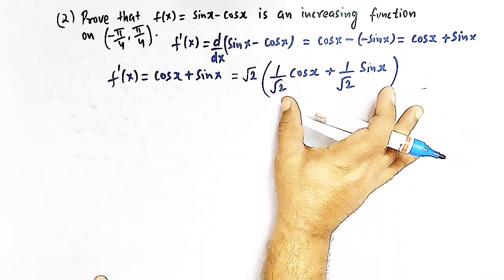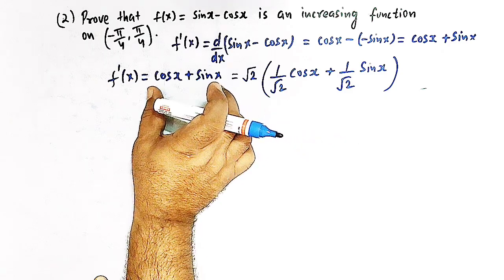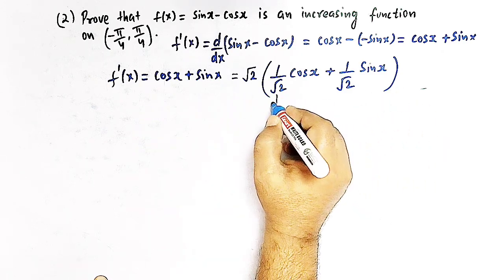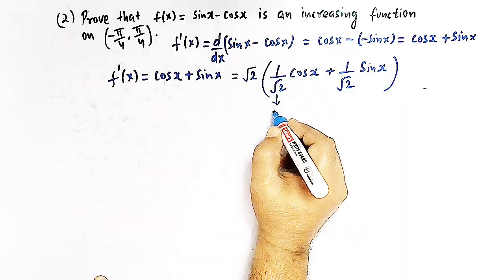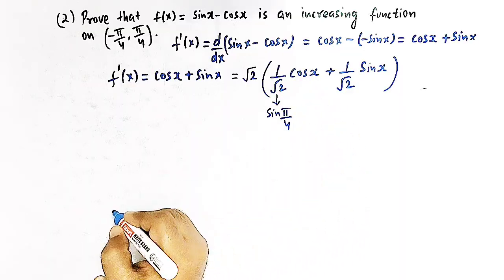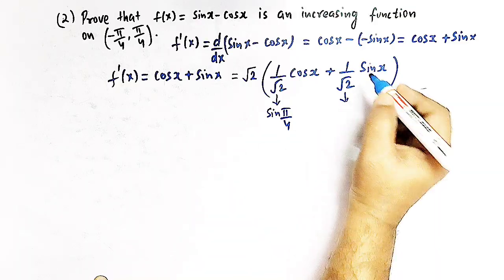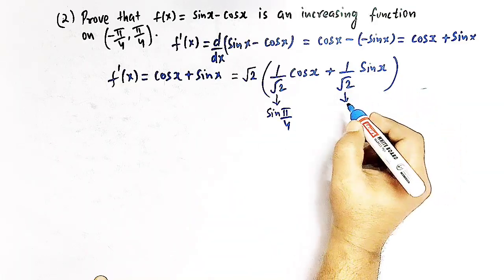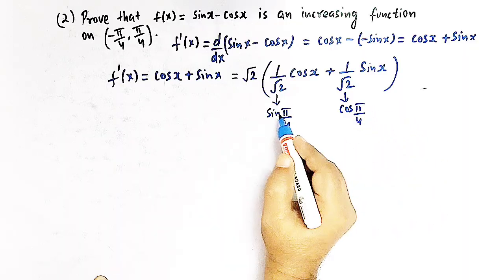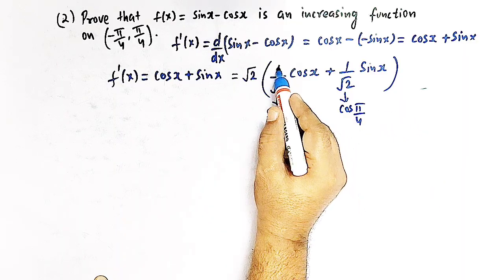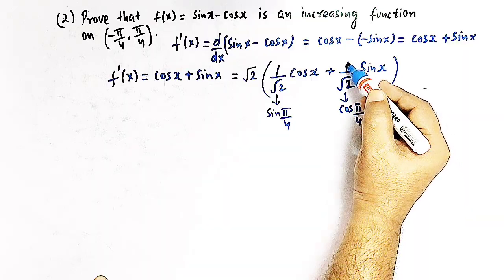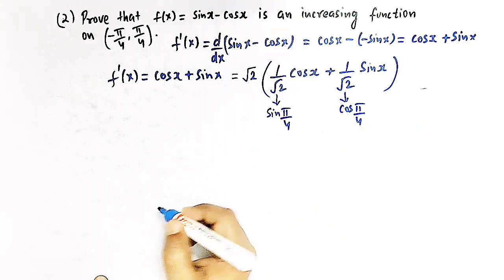So here the purpose of expressing this term like this is to replace this 1 over square root of 2 by sine pi by 4, right? And here we can replace 1 over square root of 2 by cosine pi by 4, because sine pi by 4 is equal to 1 over square root of 2, and cosine pi by 4 is equal to 1 over square root of 2.